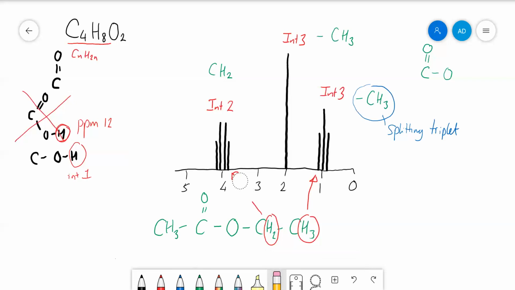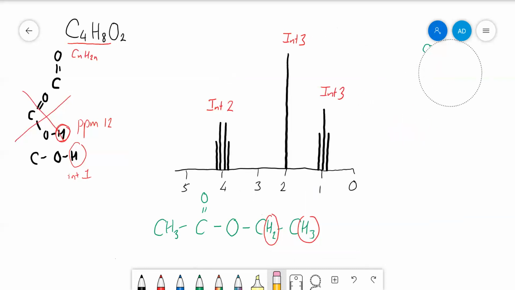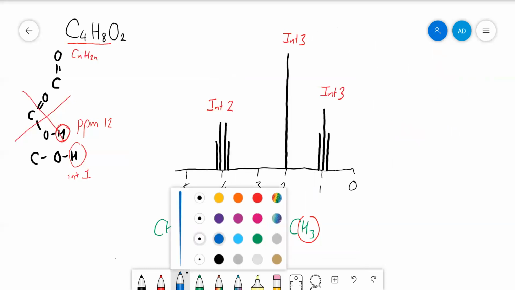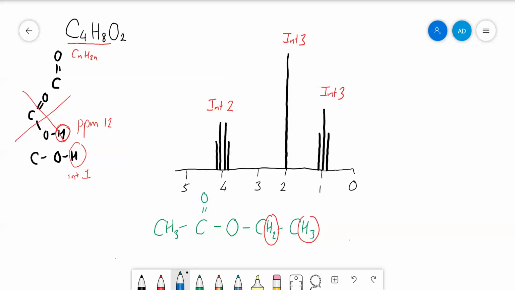Okay, so let's just write down there. This bit we said before, this is this signal here. That's a triplet. It's got a ppm of about 1 because it's a long way from any oxygens. This one is the quartet with a ppm of about 4 because it's next door to this oxygen. And these hydrogens here, well, that's going to give us a singlet, isn't it?